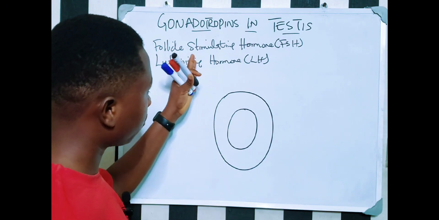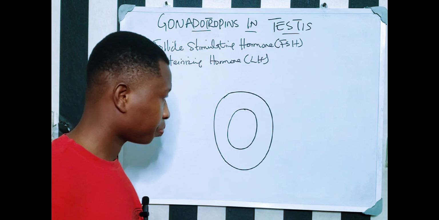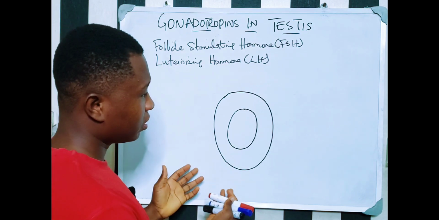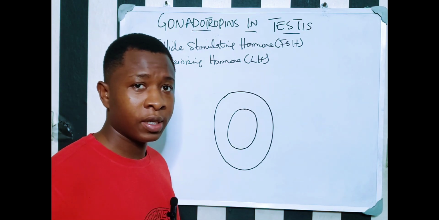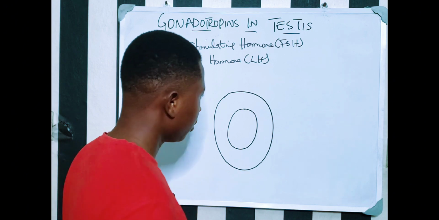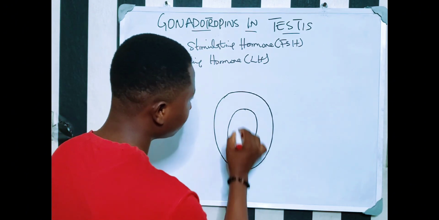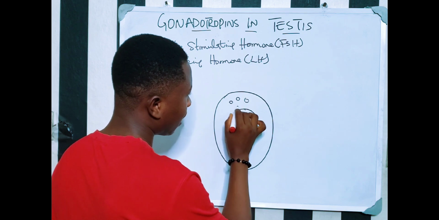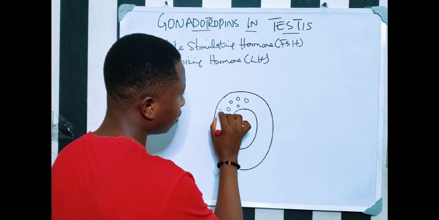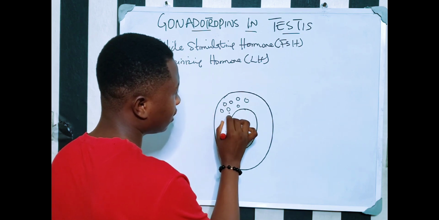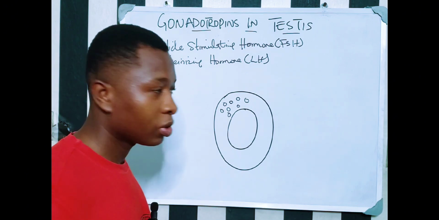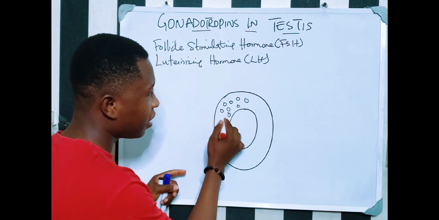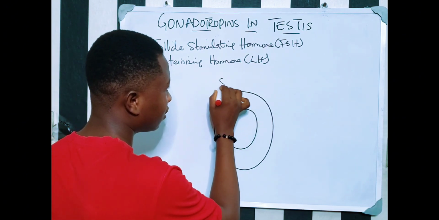Now looking at the gonadotropin in the testes, let's assume this is the seminiferous tubule where the sperm cells are being produced. We have some cells that can be found inside the tubules. Now these cells are referred to as the Sertoli cells.